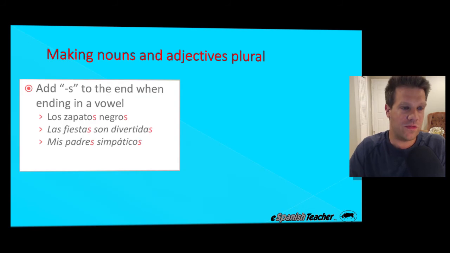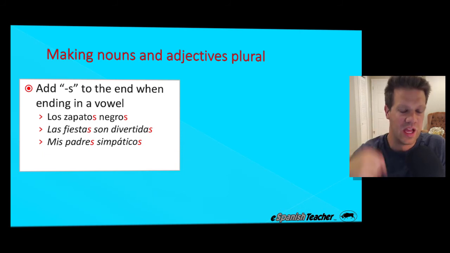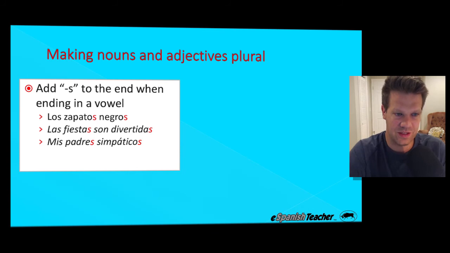We first do this by adding an S to the end of the word when the word ends in a vowel. Here are some examples, and notice I've added an S in red to the noun and the adjective that are in question here. So, los zapatos negros.